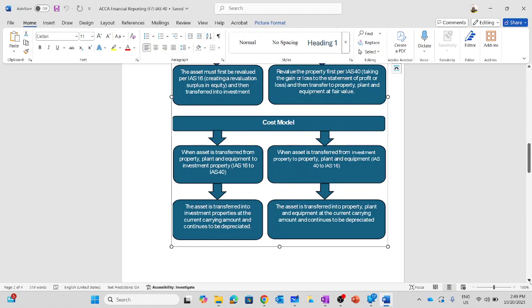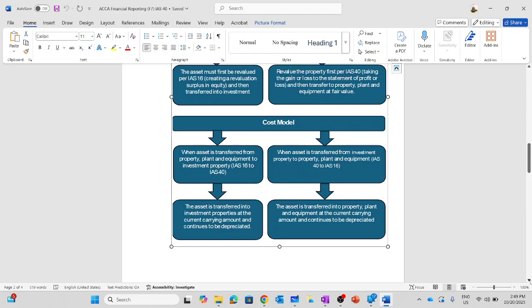Simple. Now, when an asset is transferred from investment property to property, plant and equipment as per IAS 16, what we need to have at the back of our mind is that the asset is transferred into property, plant and equipment at the current carrying amount and continues to be depreciated. Nearly the same thing.